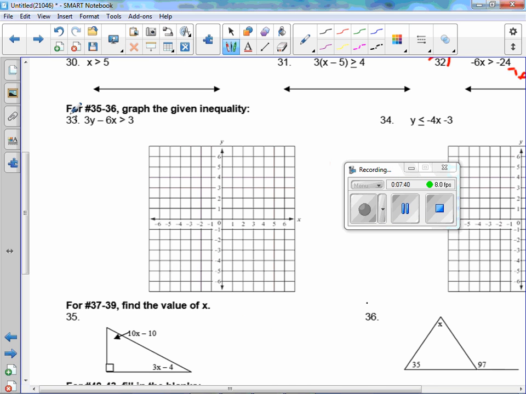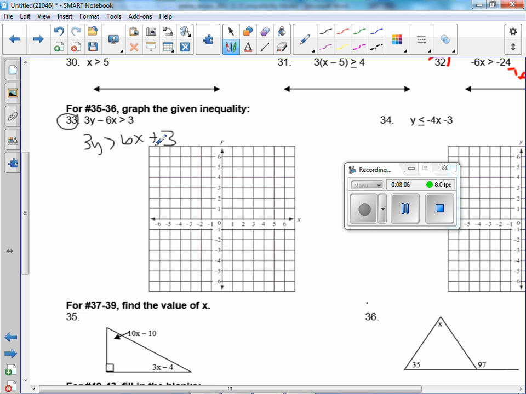Number 33. 3y minus 6x is greater than 3. We're going to graph the inequality. First of all, we're going to move the 6x to the other side. So we have 3y is greater than a positive 6x plus 3.